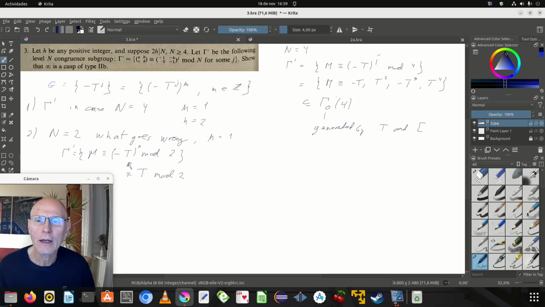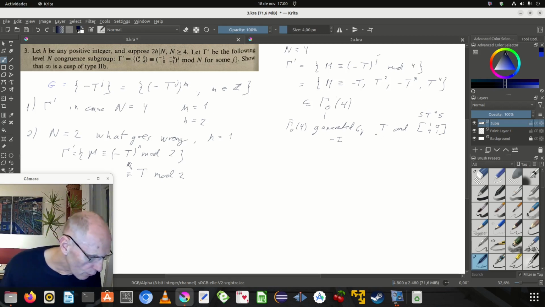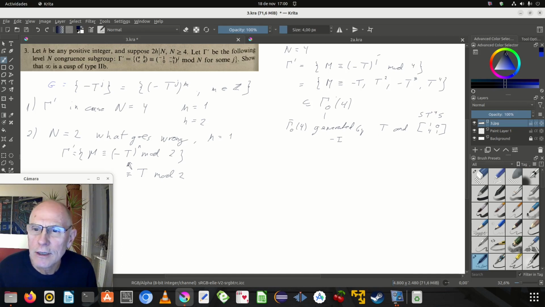But then on the other hand, it's modulo plus minus 1, which of course lies in gamma naught of 4. So it's also generated by minus I, t, and then 1, 4, 1, naught. That's st to the fourth s, or maybe minus, or maybe to the first. I think it's actually to the minus fourth I'm having here. Oh, that's what it says in the problem, yeah.